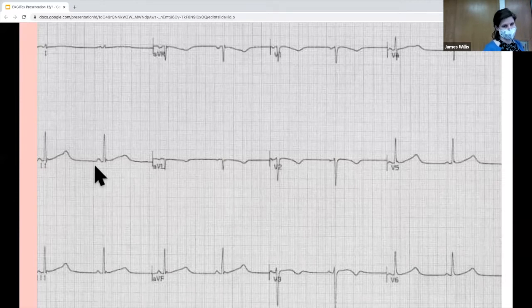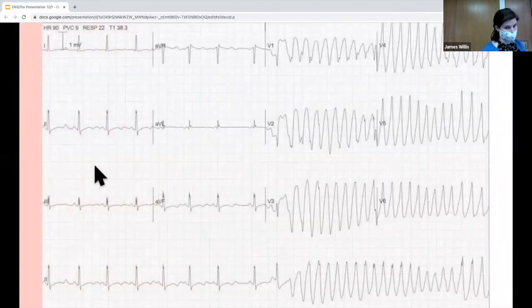Great. So this EKG is showing sinus bradycardia with QT prolongation. And if you hadn't caught that, it turns into this. So our fear with all QT prolonging medications is torsade. So that's why we focus so much on the QT.